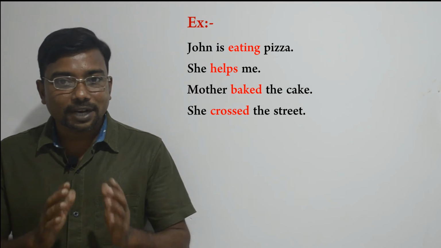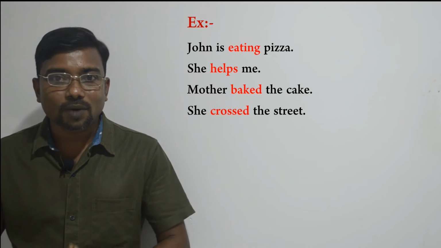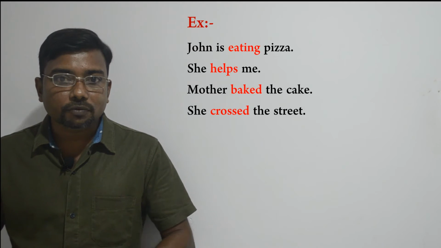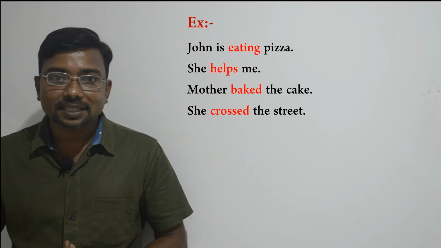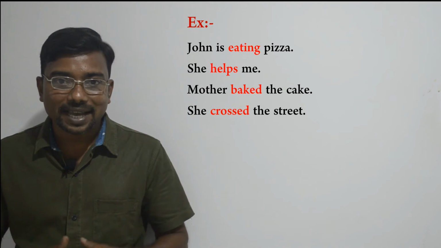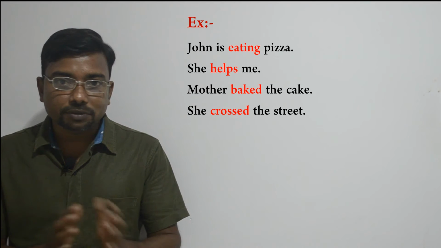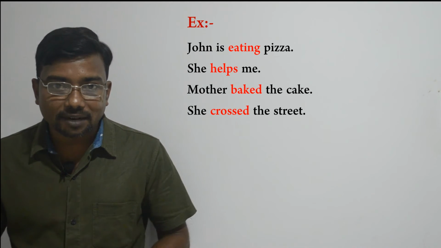Okay everyone, when you look at all these examples, it's clear that a transitive verb always requires an object to receive that action, and also without an object the sentence will not make sense. These aren't completed sentences. That's why when we remove this object, the sentence will not convey the complete thought.